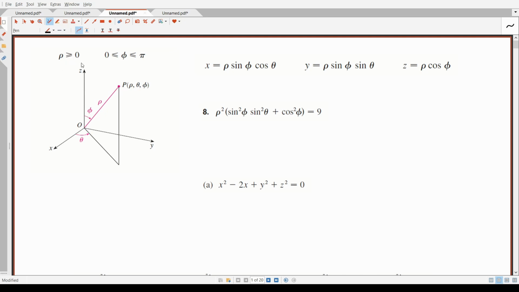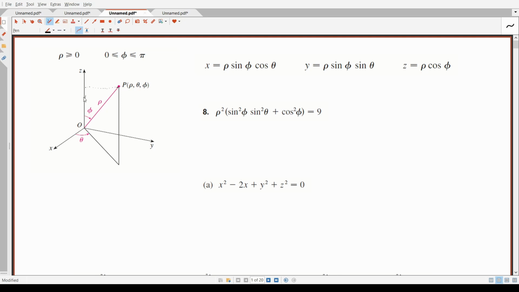The formulas for these might seem a little bit complicated, but it's not that bad. For example, z equals rho cosine phi. Here, if this is phi, the height z, if I draw this straight over to the z coordinate, this height right here, that's just rho cosine of phi.